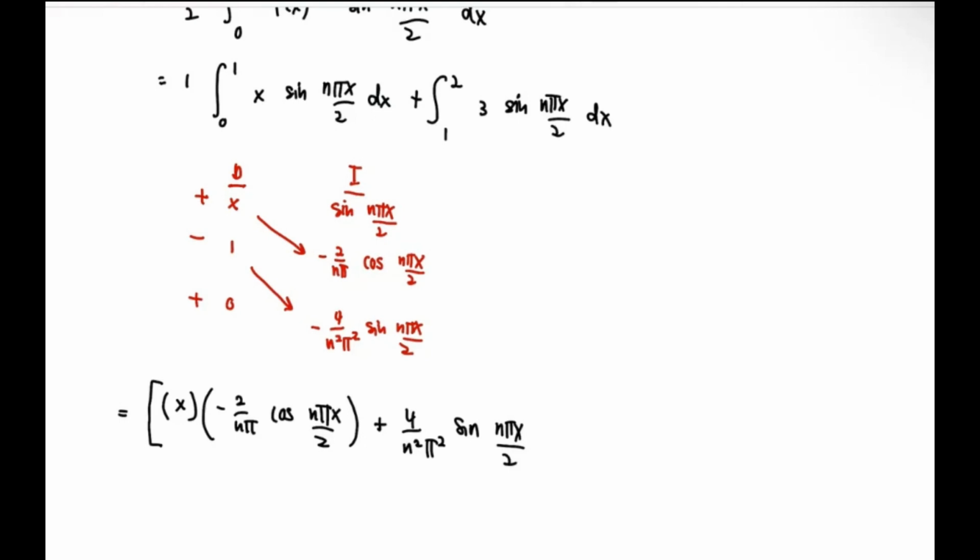Alright, so we have finished this integration for this part, from 0 to 1. Next, this integration. So 3 I can put outside. Integration of sine n pi x over 2, I get negative 2 over n pi cos n pi x over 2 from 1 to 2.